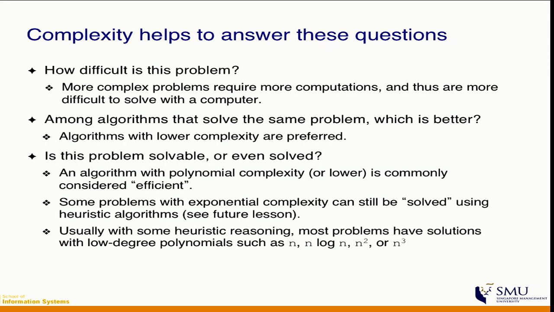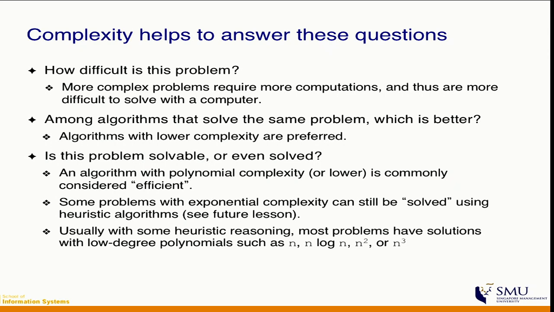The higher the complexity, the more difficult the problem is. Now the second information that you get out of it is comparison across algorithms. So if you want to solve a problem, an algorithm with lower complexity is usually preferred because it's going to run faster in general. And the third information you get is whether a problem is even solvable or solved.